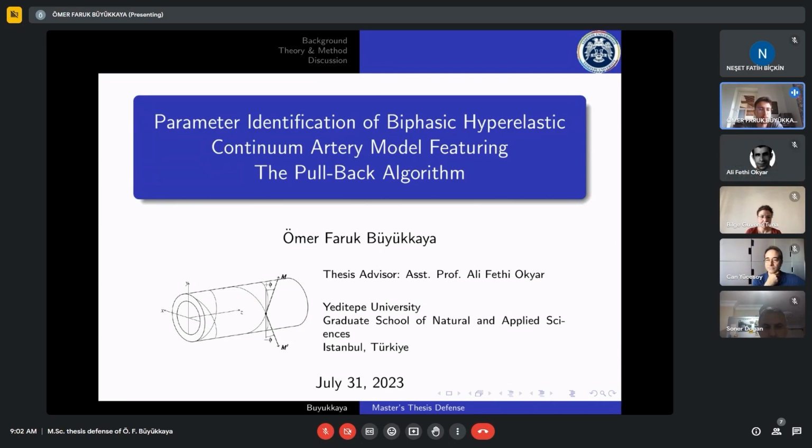Welcome, dear professors. Thank you for being here. We started to work with Professor Fethi starting from my bachelor's degree graduation project, and this all started with working on some intervertebral disc modeling, and we converted it into a more general model that was an annular cylinder.